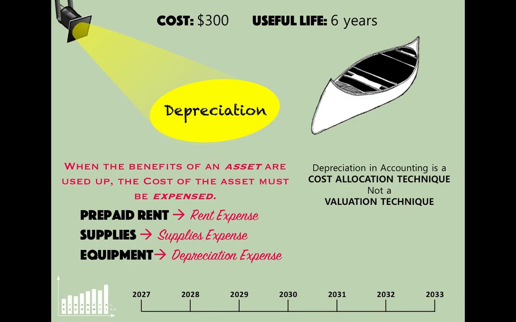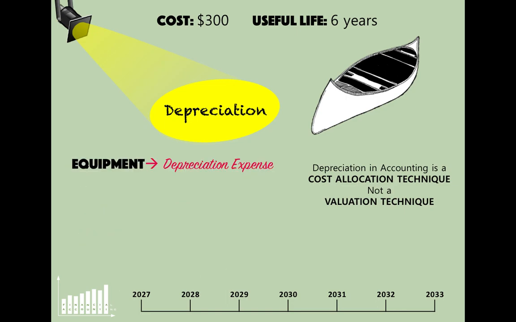So we need to look at this depreciation expense idea here, because if he's going to let people use it over the course of 6 years, then he should expense the cost of this canoe over those 6 years. So if we did it simply, we just divided it by 6. That's basically $50 per year, or around $4 a month that he would have to expense the cost of his canoe.